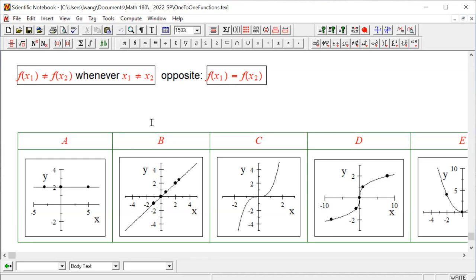You can say then, for some x1 not equal to x2, okay, for some. I want you guys to really, really think about this.